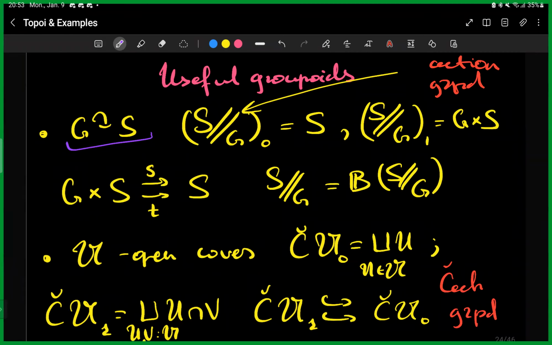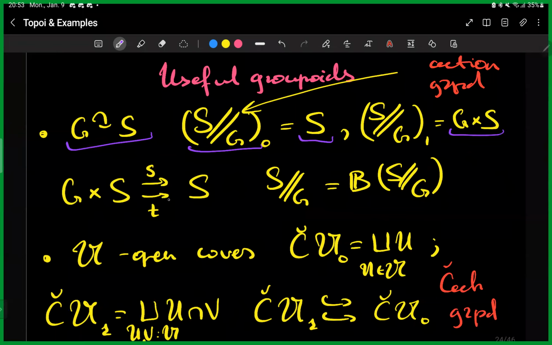Then we can form a groupoid, or groupoid object, in the following manner. We take the objects of this groupoid to be just this set S, and we can take the morphisms to be this product, G times S.